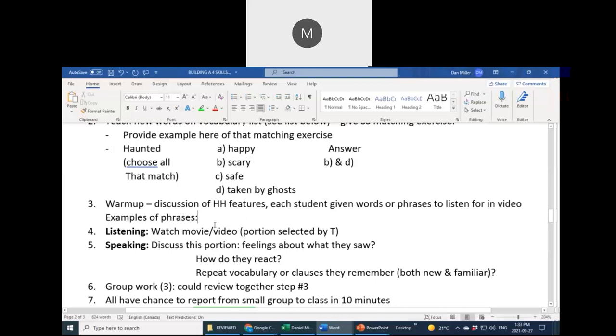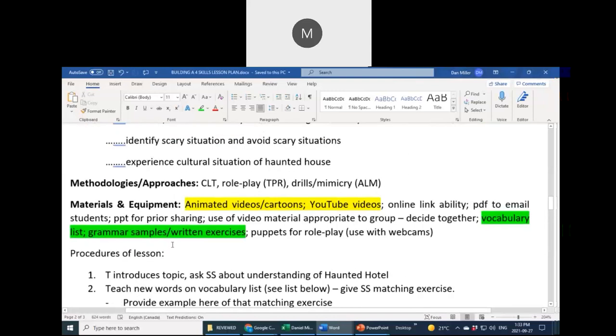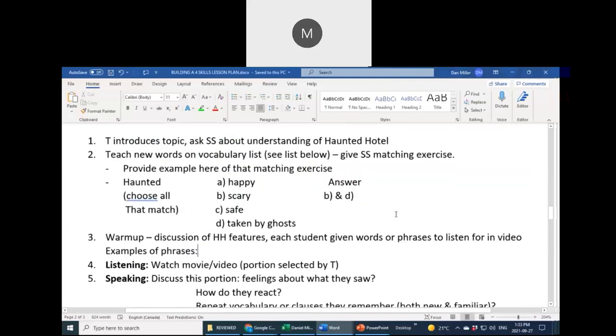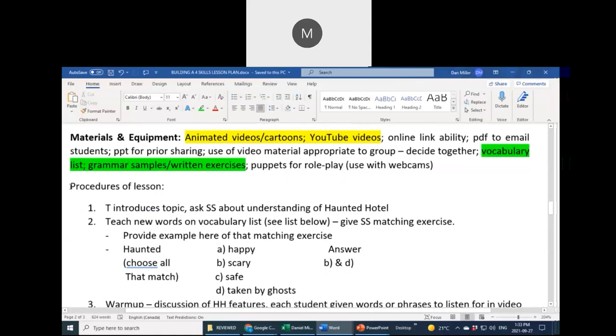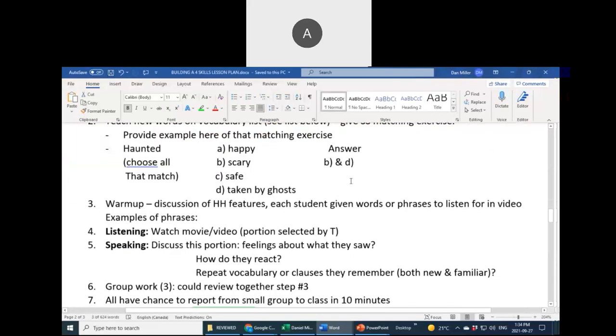You'd actually list those phrases here. All right, does that make sense? So you need a lot of detail in the description part, the procedures of the lesson section of your lesson plan. You need a lot of detail here. Okay, does that make sense?